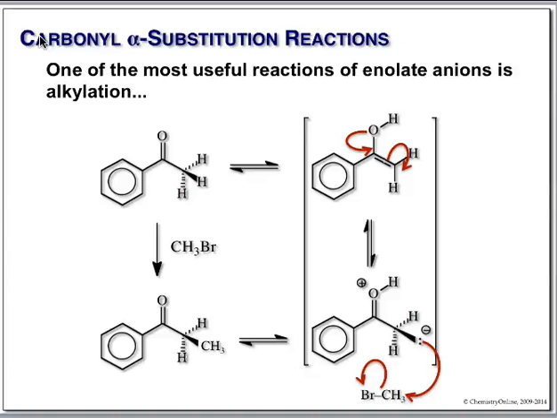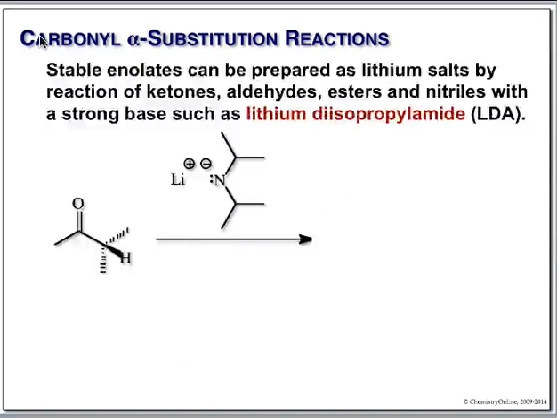All right. Well, with our selenium, you can do the same thing here. If we simply take something with a nice alpha hydrogen, in the presence of LDA, we can make the anion. Once again, this can attack an alkyl halide.